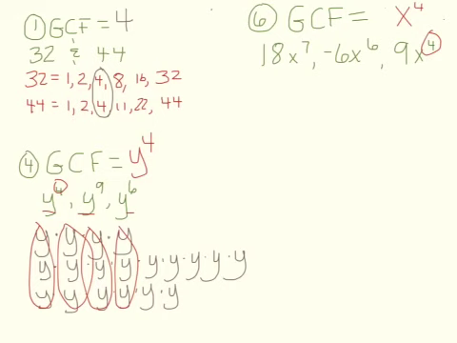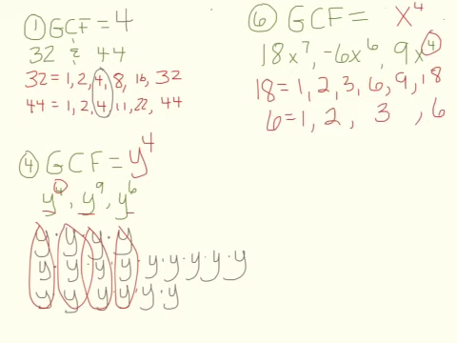Now I'll just find the greatest common factor of 18, negative 6, and 9 by listing the factors out of each. The factors of 18 are 1 times 18, 2 times 9, and 3 times 6. The factors of 6 are 1 times 6 and 2 times 3.